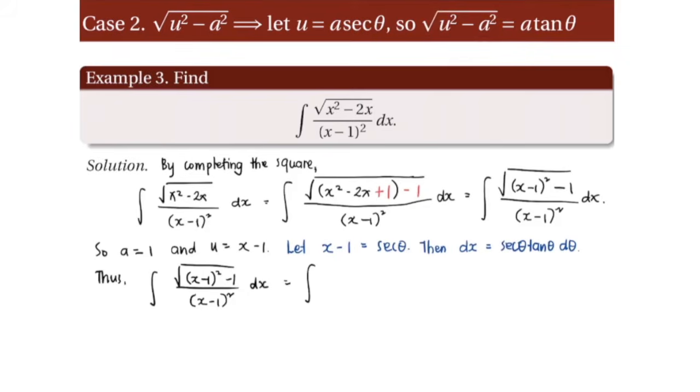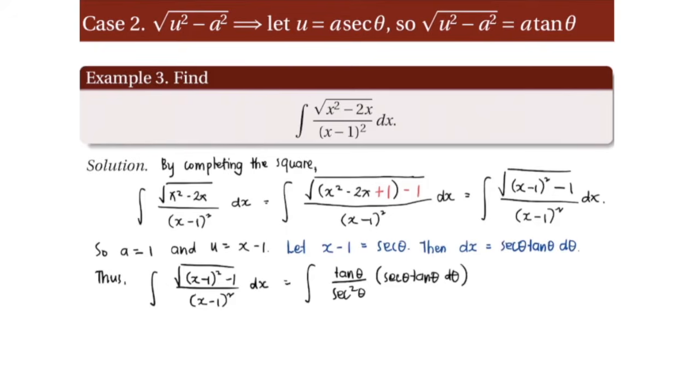So the square root of (x − 1)² − 1, again please verify, we can replace by tangent theta. Then the (x − 1)² in the denominator, again x − 1 is secant theta, so that would be replaced now by secant squared theta. And then dx is replaced by secant theta times tangent theta d theta.